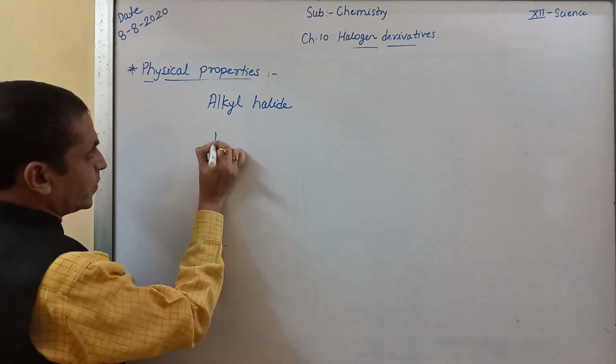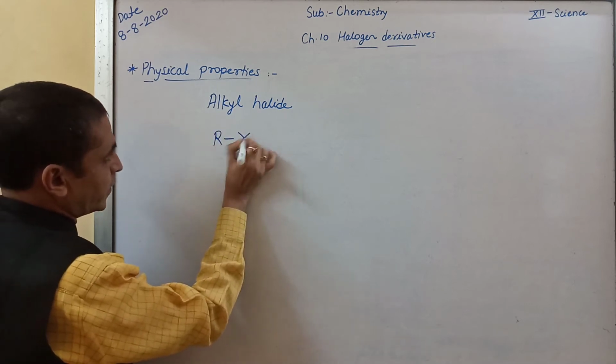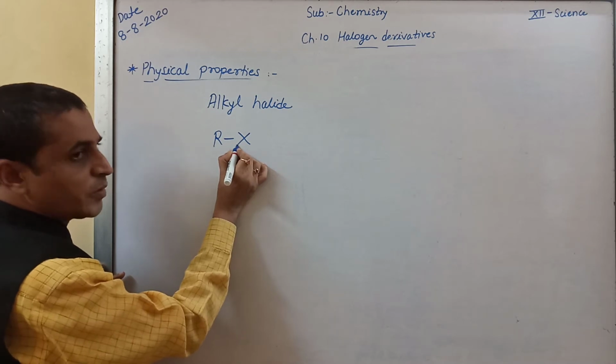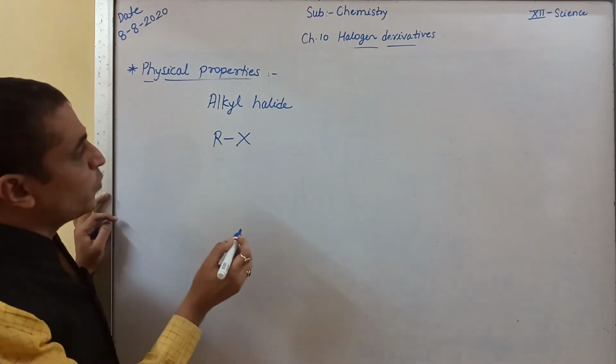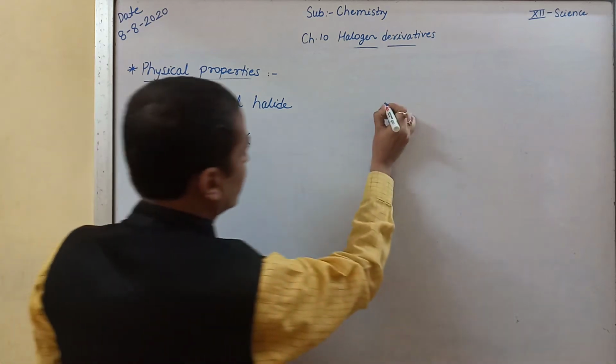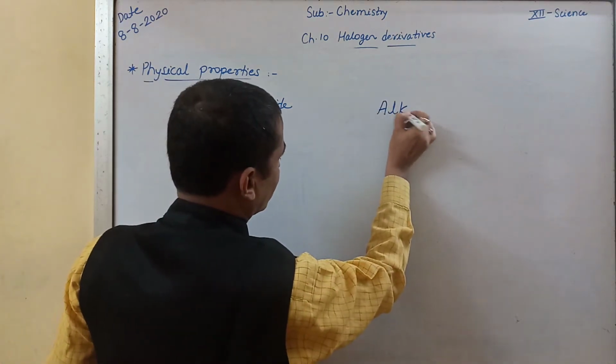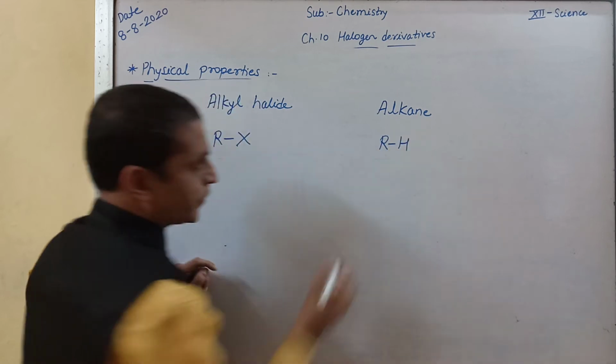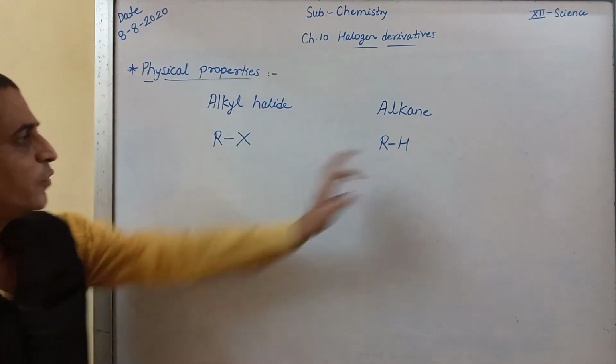Alkyl halides are represented by RX, where R is alkyl group and X is halogen. They may be fluorine, chlorine, bromine, and iodine. Alkanes are represented by RH. R means alkyl group, H means hydrogen.